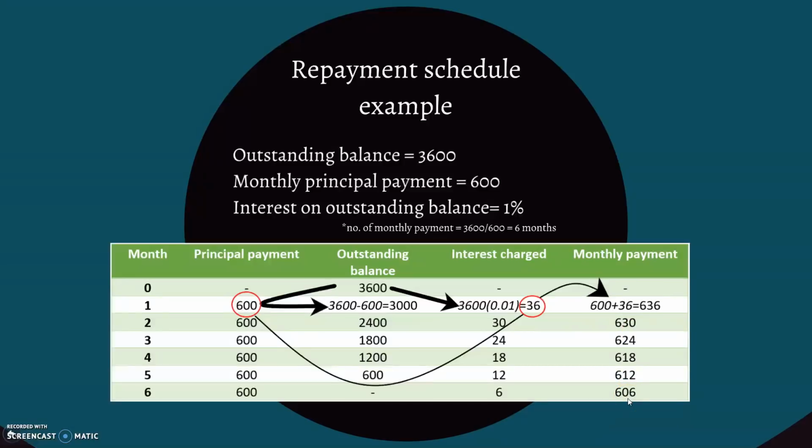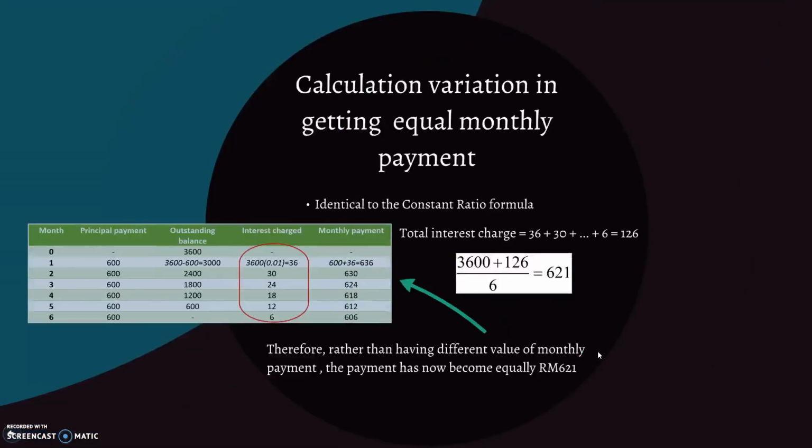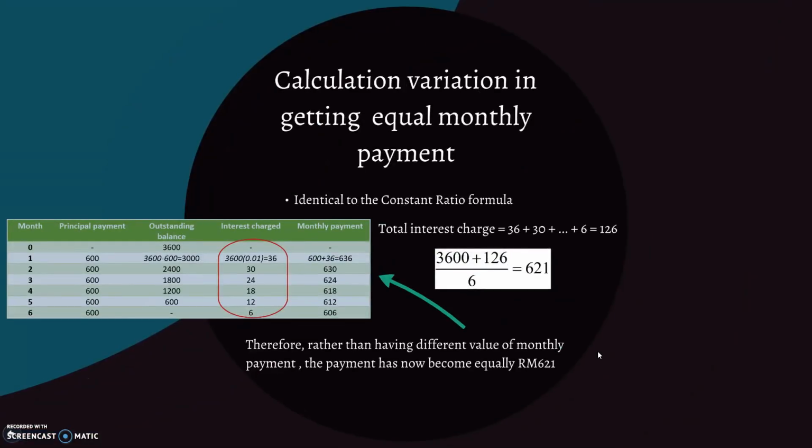But somehow, we can actually change this to make it equal. How? By using a formula that is identical to the concern ratio formula. Okay, so how are we going to do it? As I said before, when you sum all of this interest, you will get the total interest. So total interest plus your initial loan, the outstanding balance, the principal, add it together.